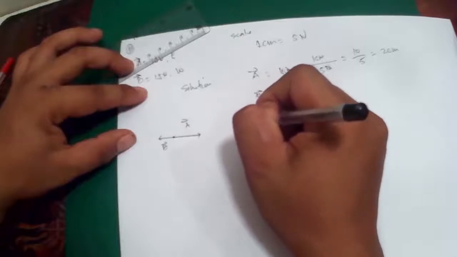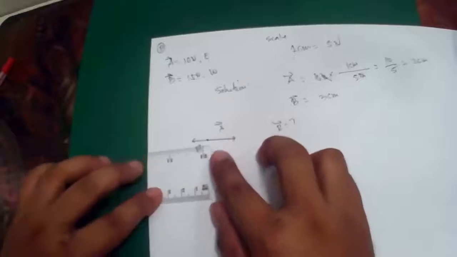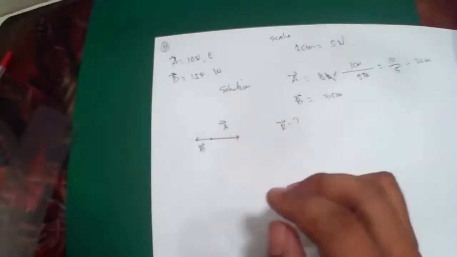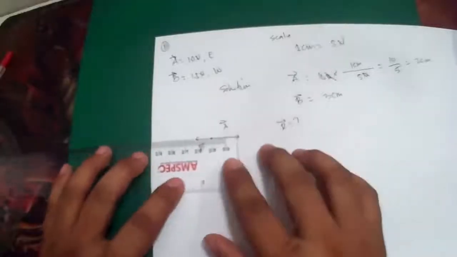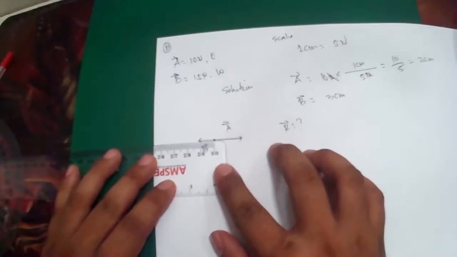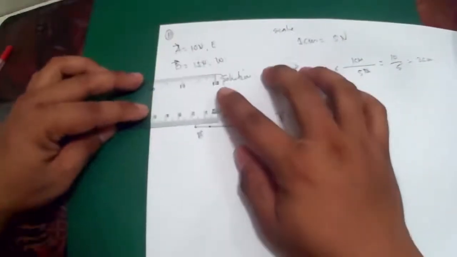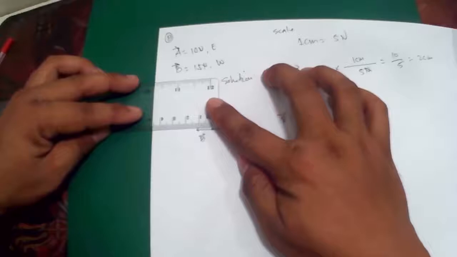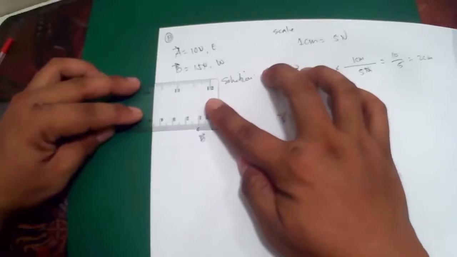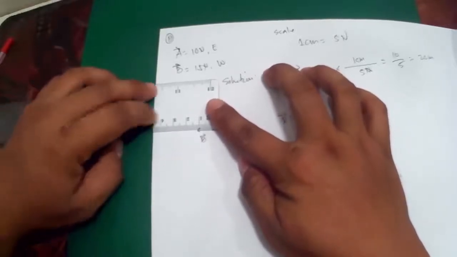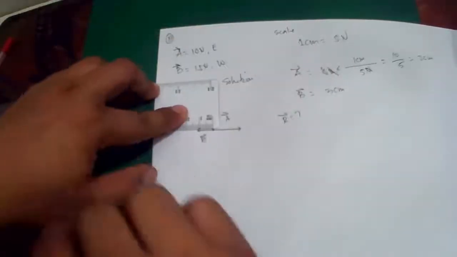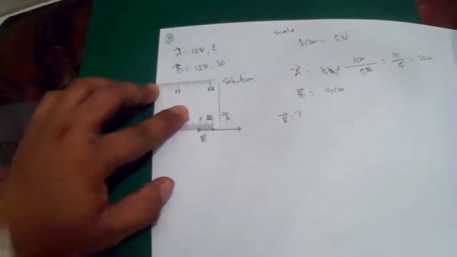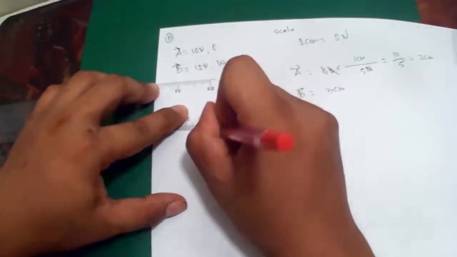How to find the resultant vector of that? From the tail of the first vector to the head of the last vector. So if that is the tail, I will trace from this one.